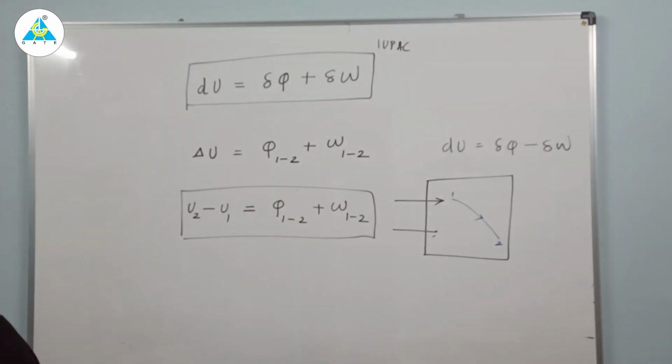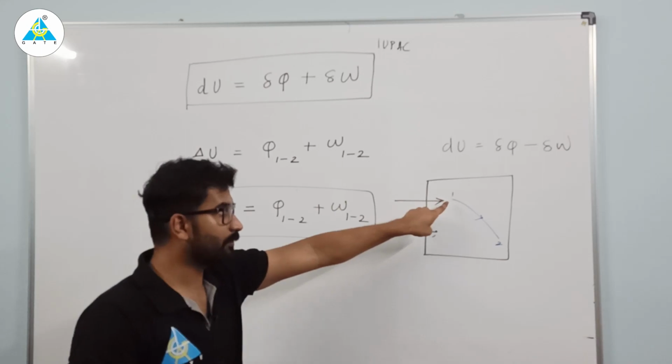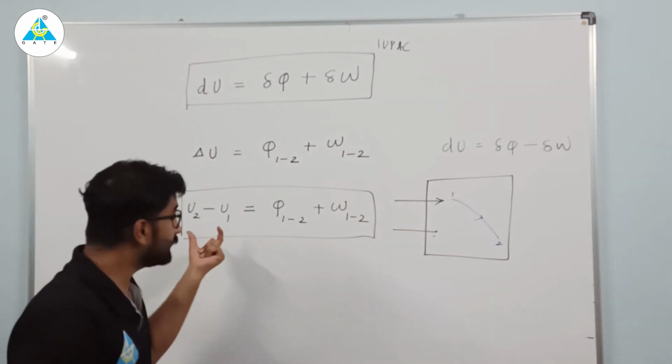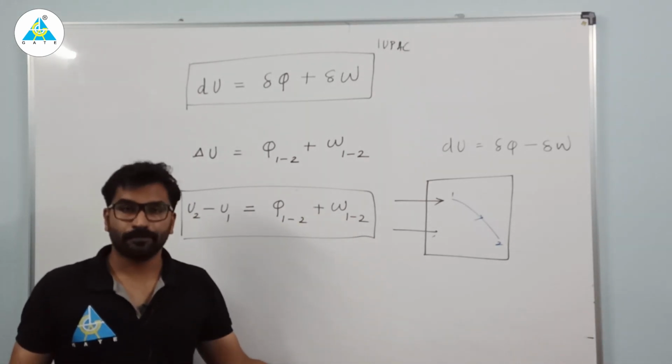Clear? I hope you understood up to this. So whatever internal energy change is there in a closed system during any process from state 1 to 2, that is equal to heat transfer plus work transfer.